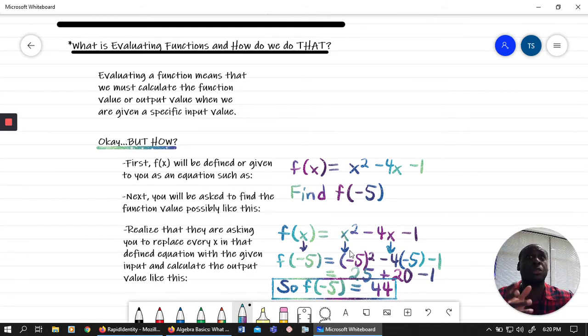The values that you're replacing, put them in parentheses, okay? Not rocket science. If you're using a calculator, that's going to make it a whole lot easier on you, and it's going to allow your calculator to calculate it the way that you want it to, correctly. All right, so anyway, here we get that f of negative 5 equals 44.